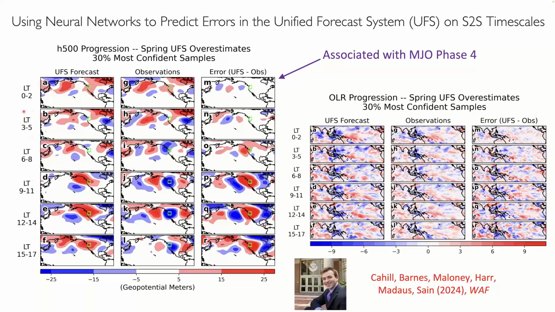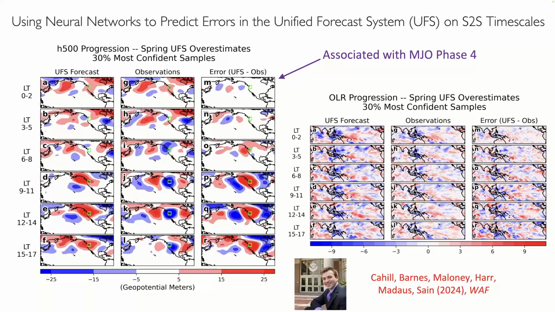And lead times go down, from lead times near the forecast initialization, down to lead times of 15 to 17 days. These periods, associated with when the network is very confident at predicting too high geopotential heights over the Pacific Northwest, tend to be associated with UFS forecasts that develop a very, very strong ridge along the west coast of the United States.